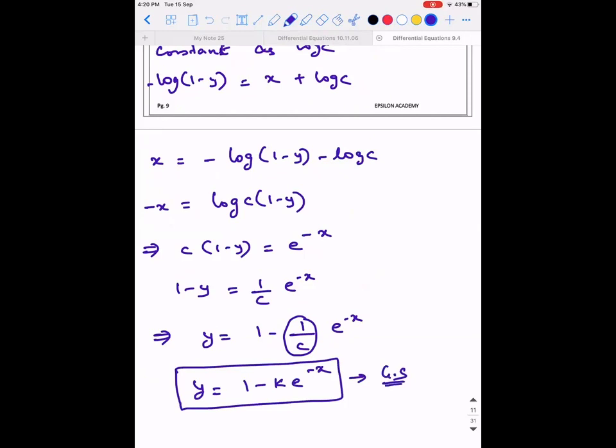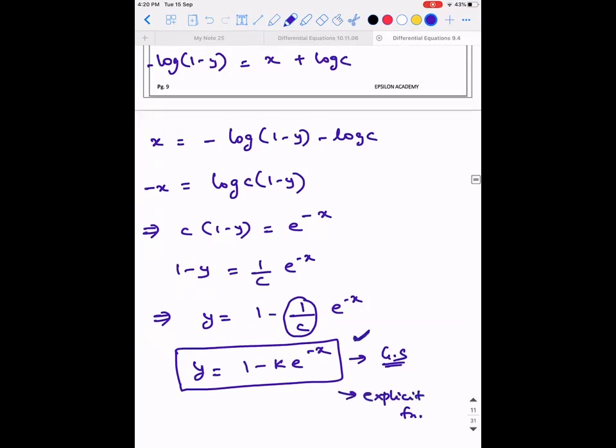This is a function where you are able to separate the dependent and the independent variable. It is of the form y is equal to f of x.